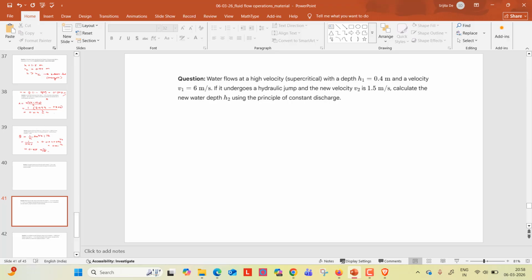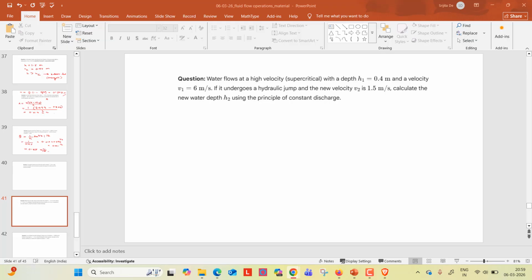Water flows at a high velocity with a depth of h1 and a velocity v1, right? If it undergoes a hydraulic jump and the new velocity is v2, calculate the new water depth using the principle of constant discharge.